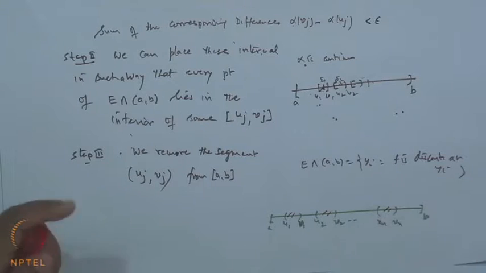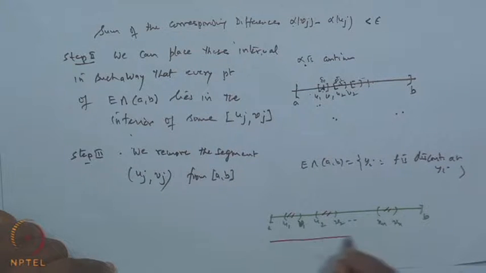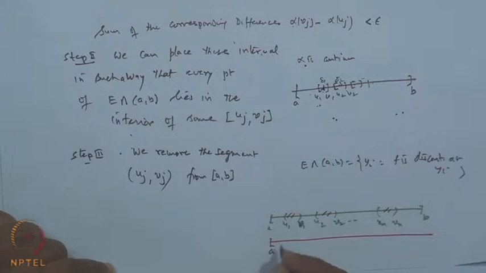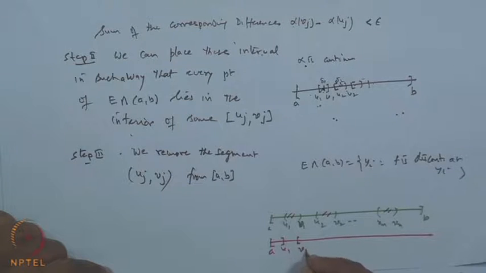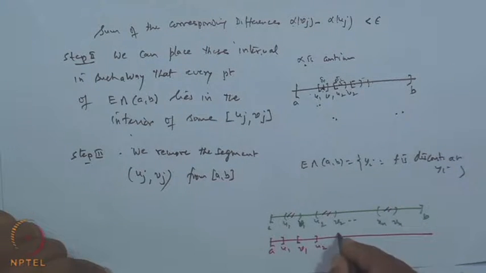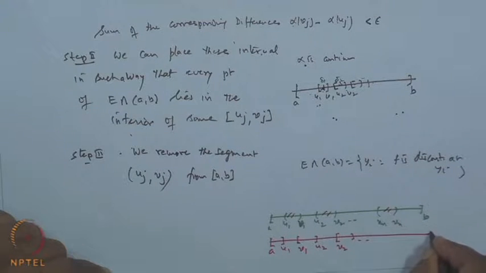This portion we are removing. So, after removing, we are getting a to u1, then start with v1 to u2, and like this, then start with v2 and continue this way and up to here, say b.